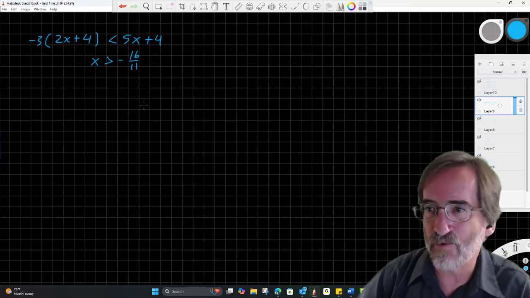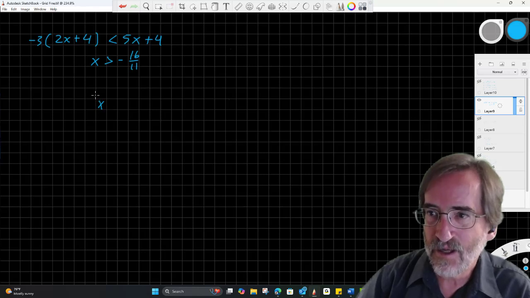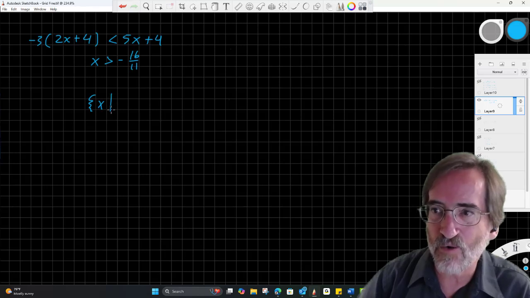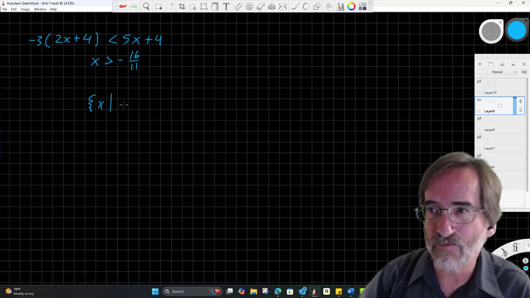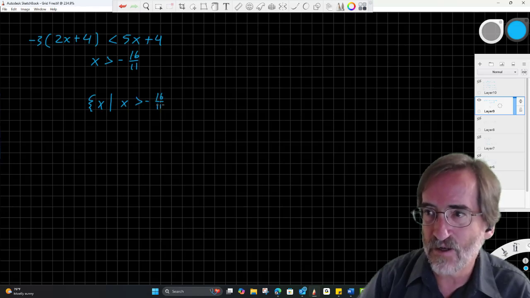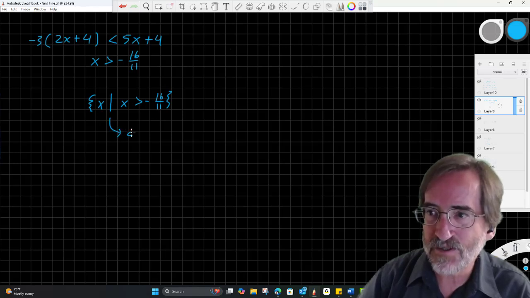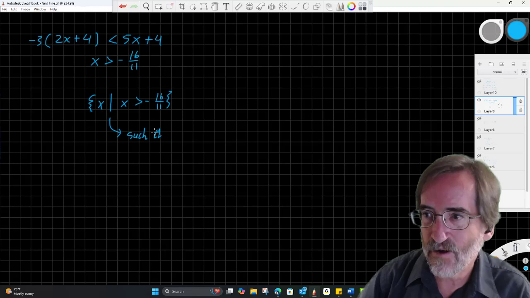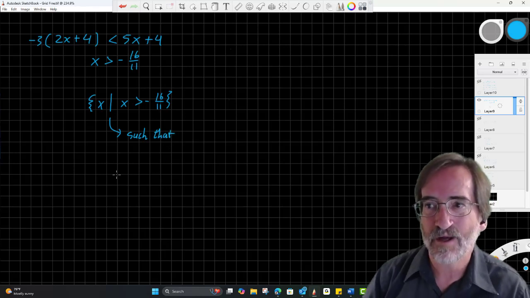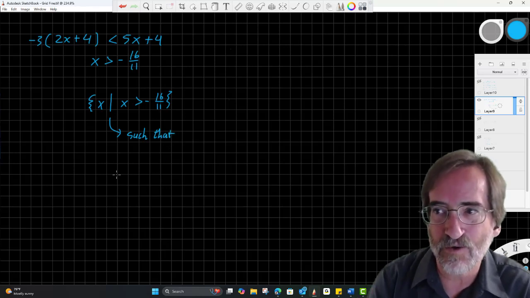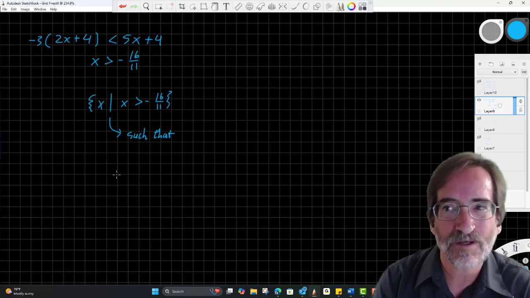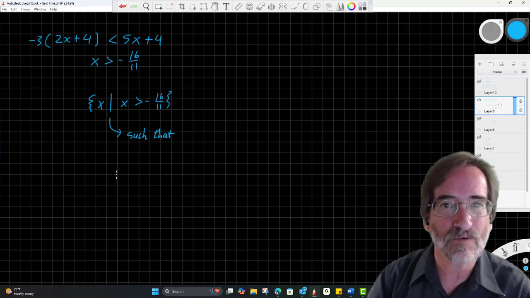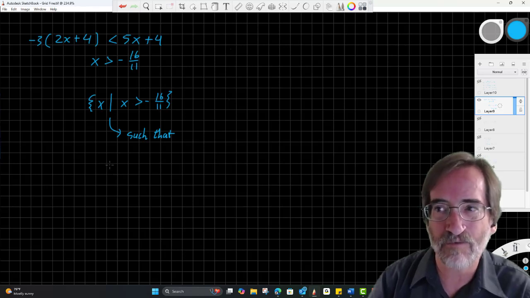We're going to write it x in curly braces such that, so a big long bar or a colon, I prefer the big long bar myself, such that x is greater than negative 16/11. Okay, and this bar or colon means such that or so that, x such that x is greater than negative 16/11. And that represents an infinite number of solutions, because there are an infinite number of numbers that are greater than negative 16/11.